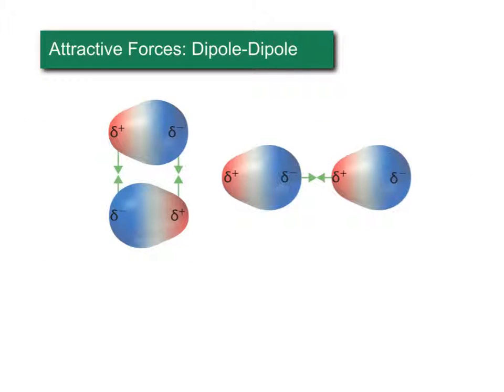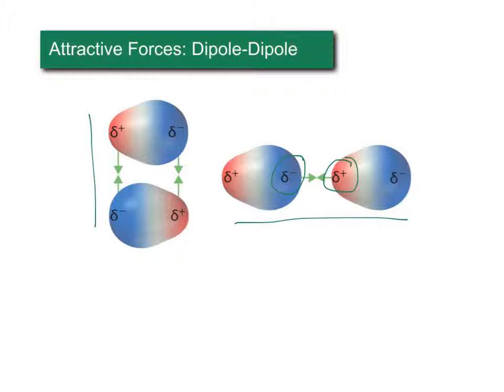All right, the next one we talked about was dipole-dipole. So in this case, we're looking at the partial charges on each of the molecules as a result of the uneven sharing of electrons. And so they'll line up in space so that the negative and the positive are coming together to be attracted. So this could be horizontally in space like this, or vertically in space like this, or we could combine them.